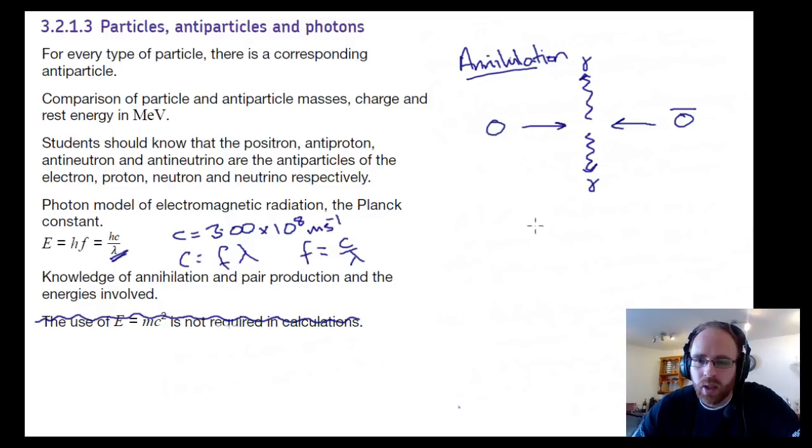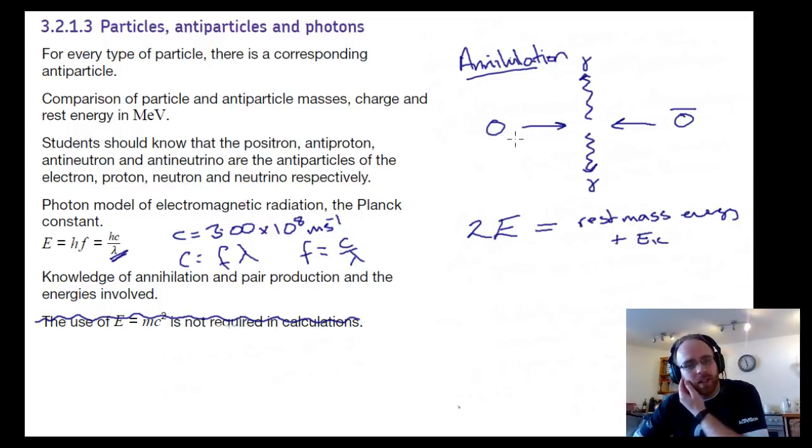So let's talk about, so we're not using E equals mc squared, so the energy of each photon, we're going to get 2 energies, and it's going to be the rest mass energy plus the kinetic energy of the particle and the antiparticle.